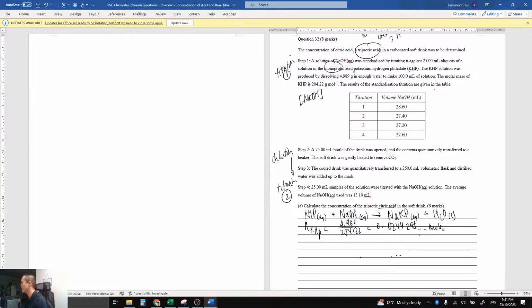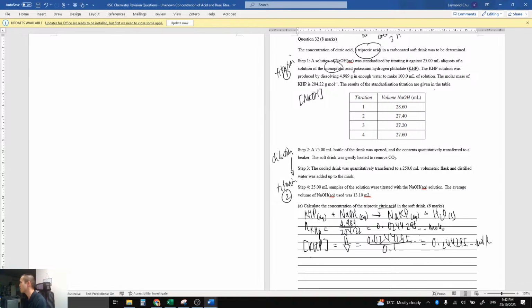Taking a step back, I need to first work out the concentration of KHP, which is moles over volume, which is 0.0244295... over our volume, which is 0.1. Let's divide that by 0.1, and we should get 0.244295... moles per liter.